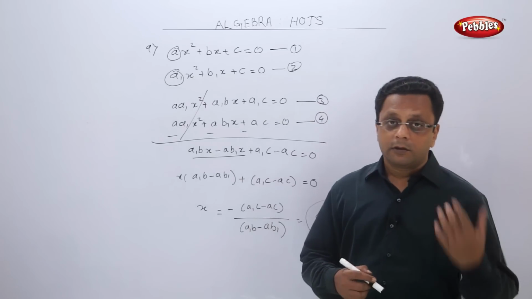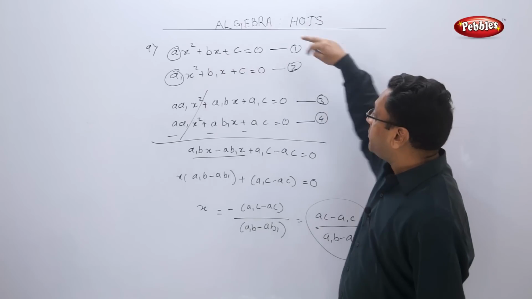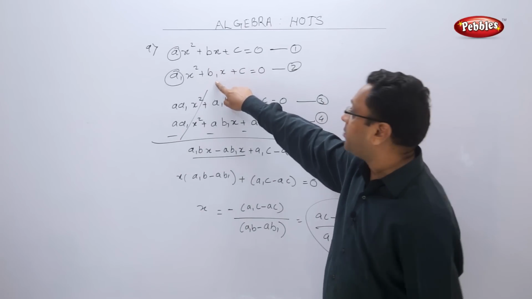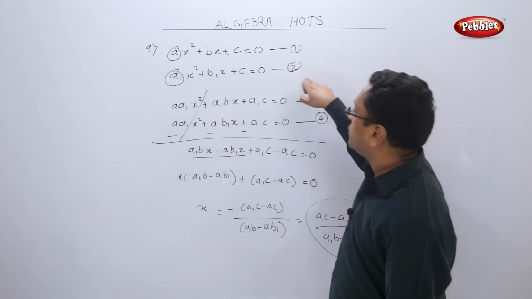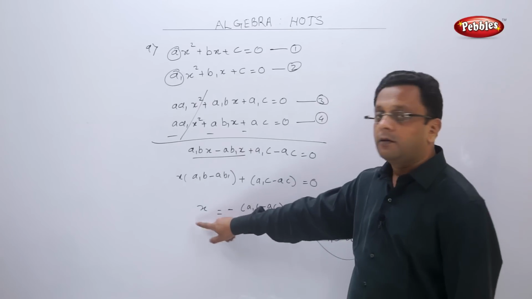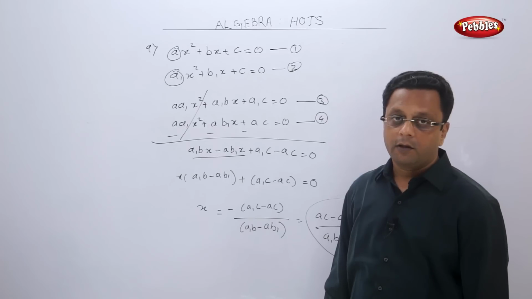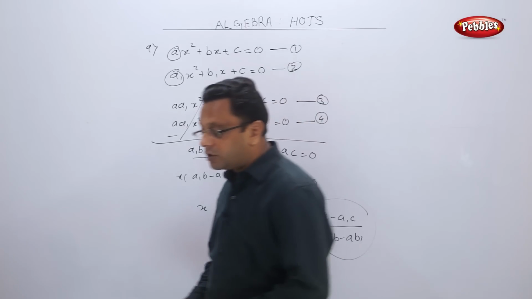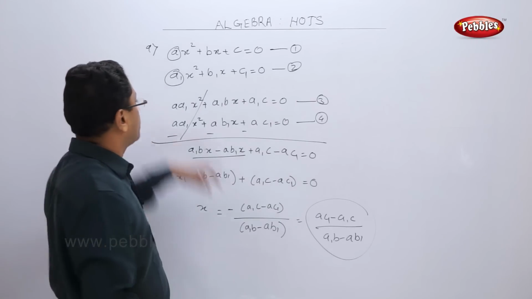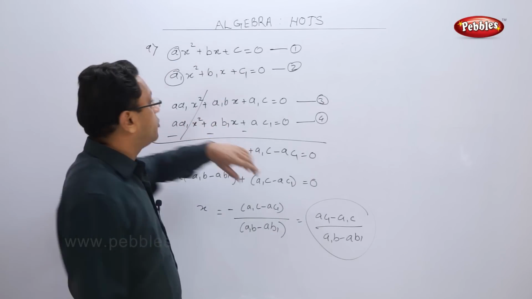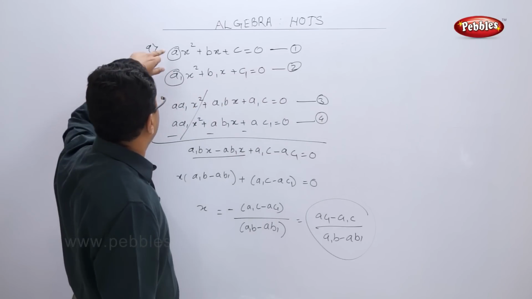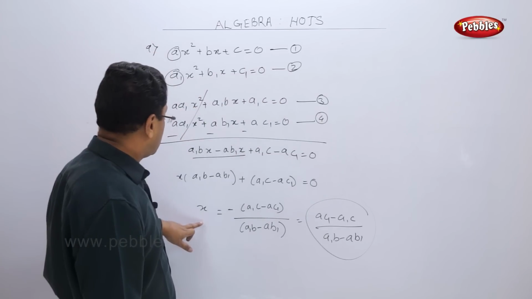Now secondly, what I'll do, I'll multiply the first equation by the coefficient of x, that is by b1, and multiply the second equation by b, and then again I will get x. Okay, so you will get these two roots. Again I'm explaining: first we multiply the first equation by the coefficient of x of the second and the second equation by the coefficient of x of the first. So we get the value of x here.